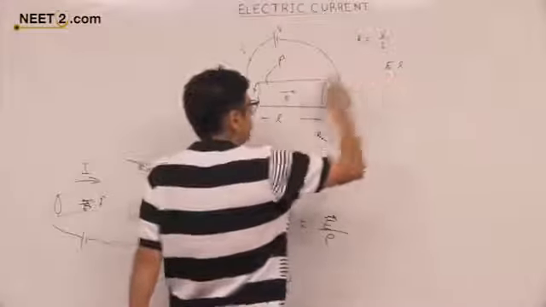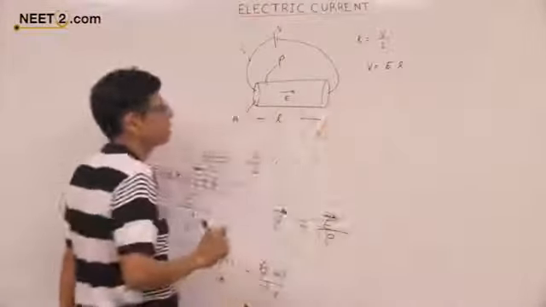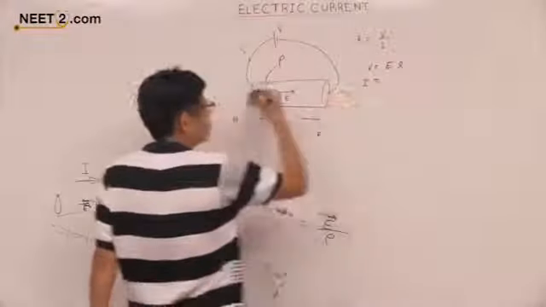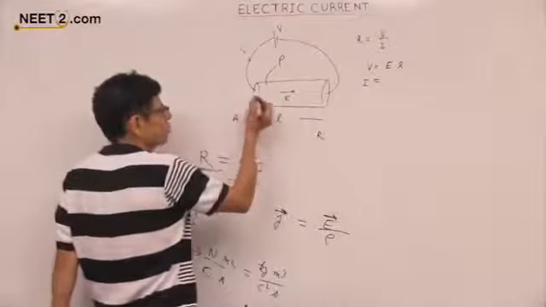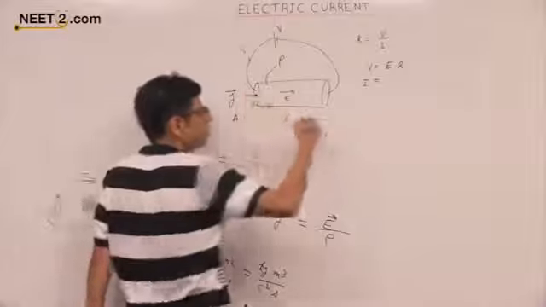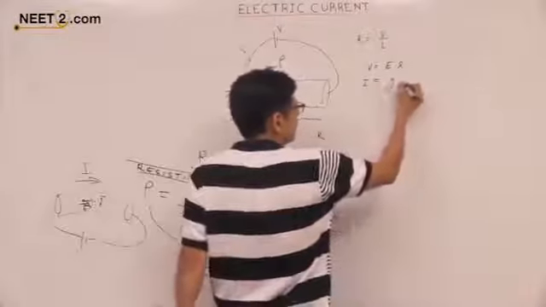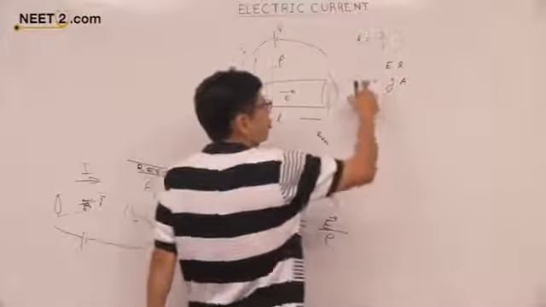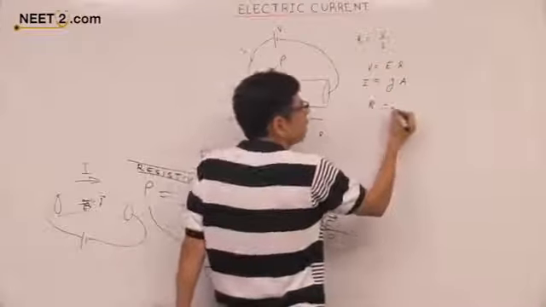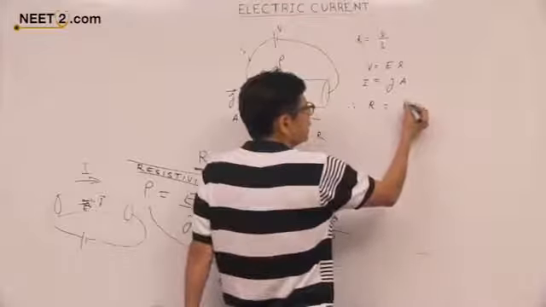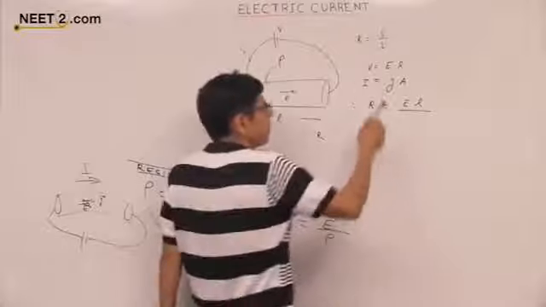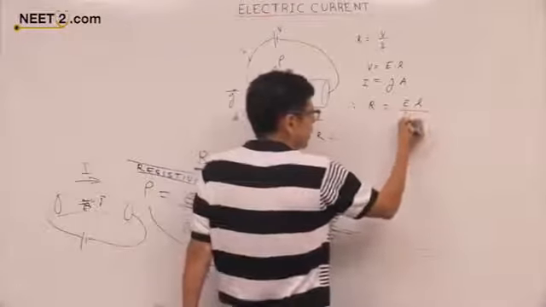So potential difference is EL, and current I written in terms of J: if the current density is called J, then current I would be J into A. Substitute V and I over there. So I get R is, for V I write EL, and for I write J into A.